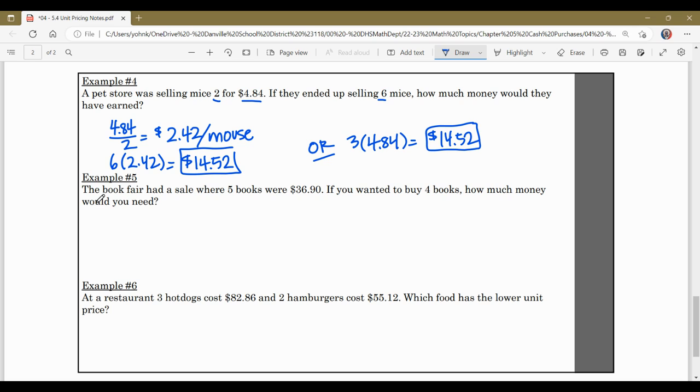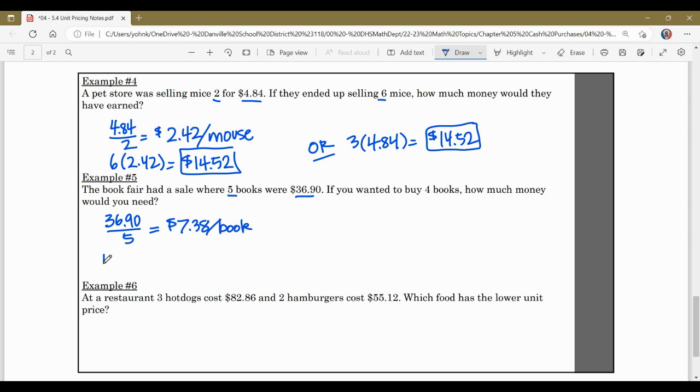All right, example number 5, the book fair had a sale where 5 books were $36.90. If you wanted to buy 4 books, how much money would you need? Well, I can take the price of all 5 books, $36.90, divide by 5. This tells me that each book is $7.38.